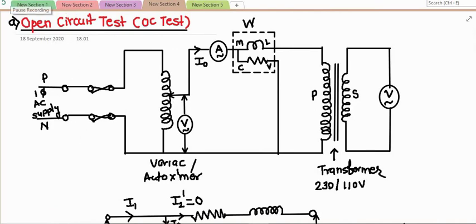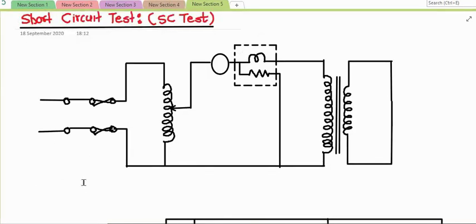Now let us see the short circuit test on the transformer. So let us draw the experimental setup or circuit diagram for the short circuit test. Name itself indicates we have to short circuit the secondary. So in this method, your primary is connected across the suitable variable low voltage AC supply through an ammeter, voltmeter.